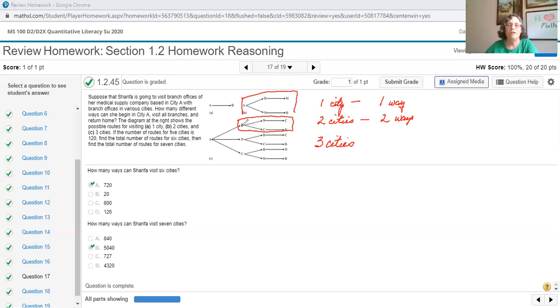From the city here, when she's got 2 cities left, there's 2 ways to do it.